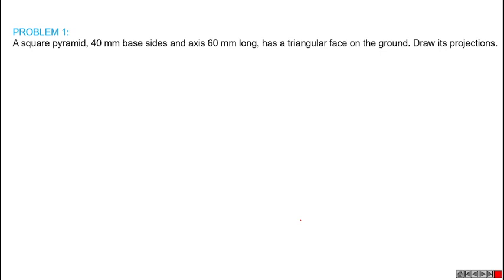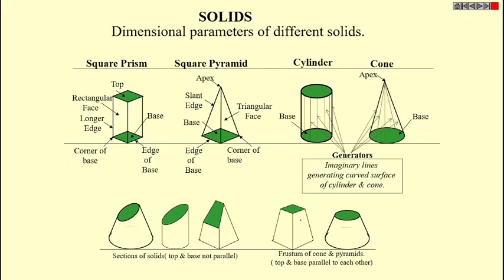A square pyramid is resting on the ground or HP in such a way that its triangular face is on the ground. Here, while observing this particular solid, a square pyramid, we can see that these are the triangular faces.